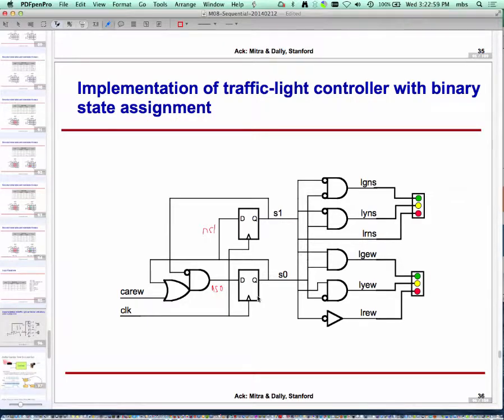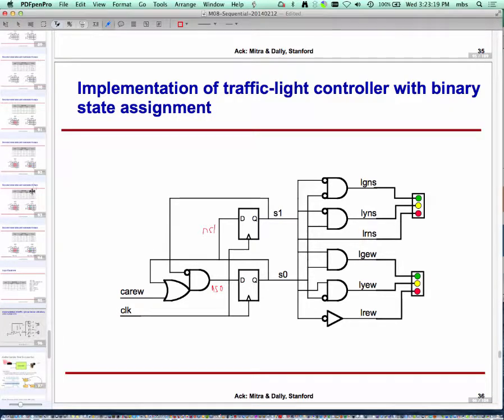Every clock tick, the new next state gets loaded into the flip-flops. Looking at this, it's unclear whether this is necessarily better than our one-hot coded design.